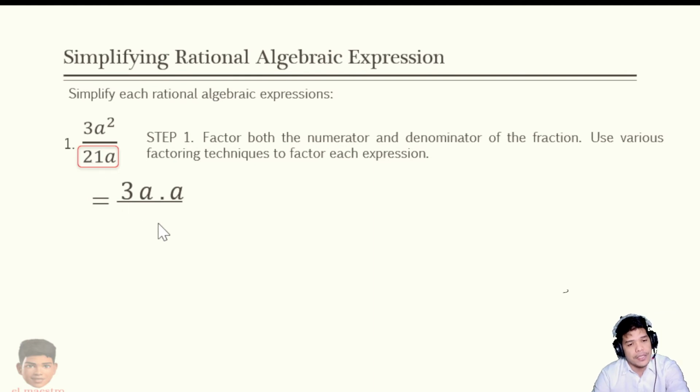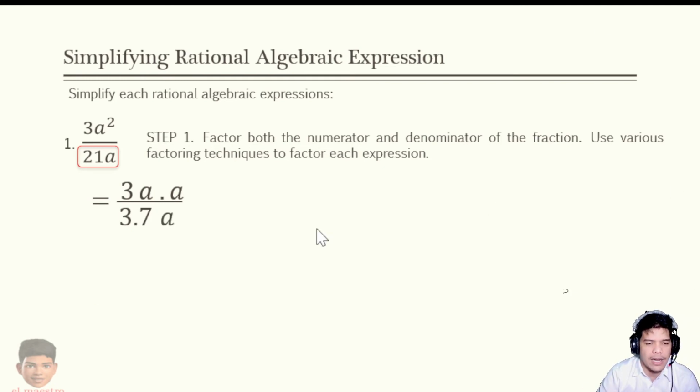So the factor of 21 is 3 times 7. Nakuha. Because 3 times 7 is 21. So makita nyo ngayon, meron na silang same factors. Okay? Merong 3 sa numerator, meron din sa denominator. Later on, gagawin natin is to cancel it out. But first, put a. Kasi wala namang factor si a.